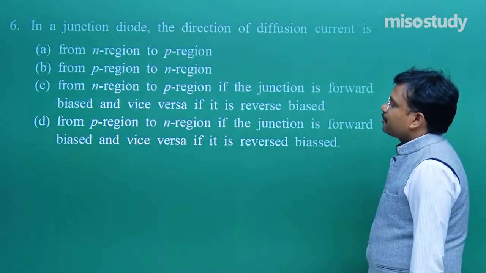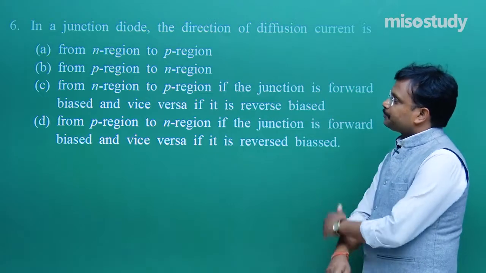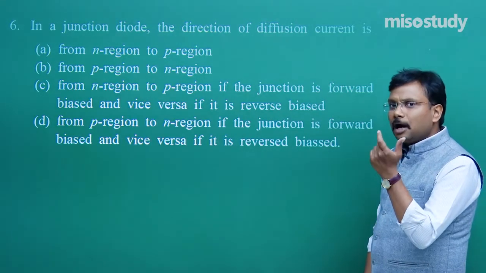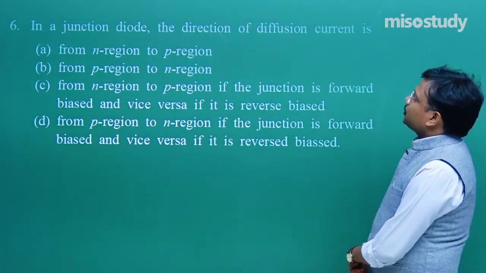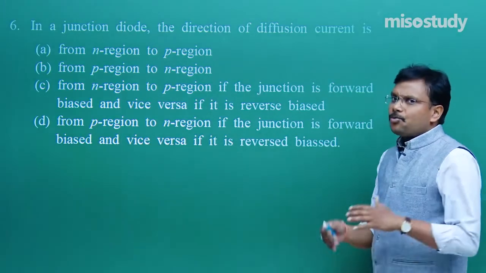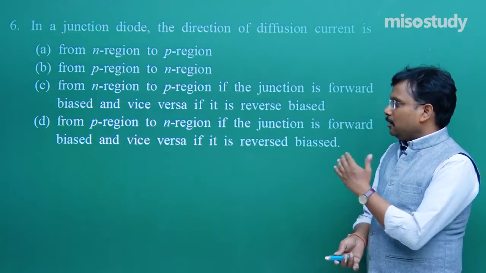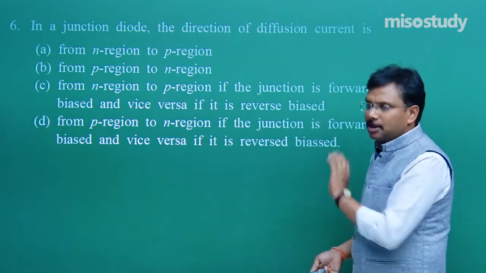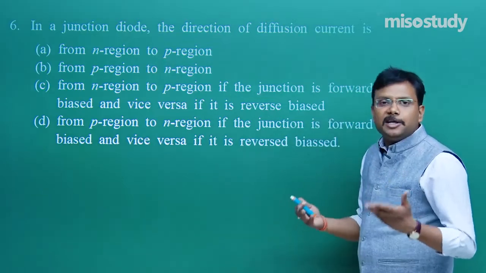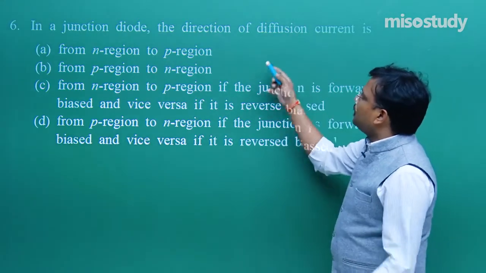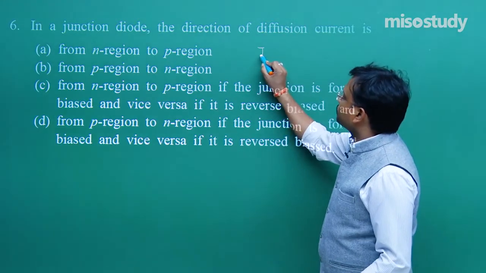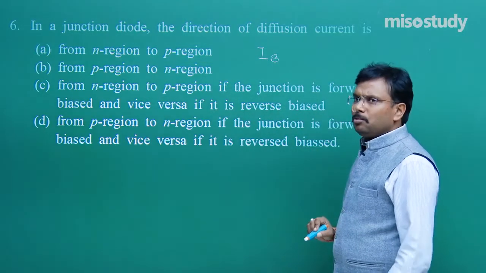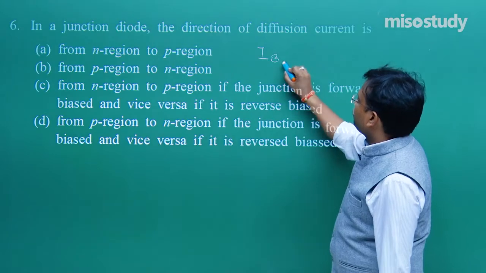Now here comes another question. In a junction diode, I am talking about the PN junction, what is the direction of the diffusion current? There are a few currents I would like to mention in a junction diode, but because you have completed that chapter: if I say IB, base current, you know it.